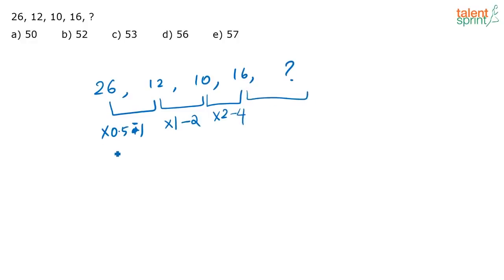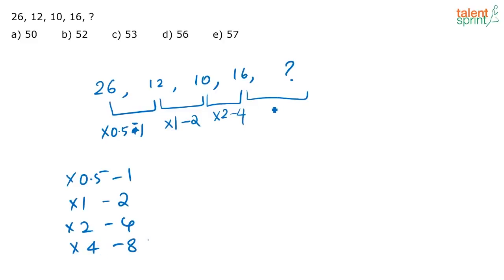So the pattern that is being followed here is this. See, into 0.5 minus 1, into 1 minus 2, into 2 minus 4. So 0.5, 1, 2. So next is going to be 4 minus 8. Basically, you are doubling each thing, correct? So here 0.5 plus 0.5 is 1, 1 plus 1 is 2, 2 plus 2 is 4. So next will be 4 plus 4 is 8, and so on.